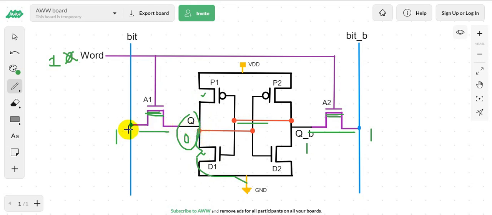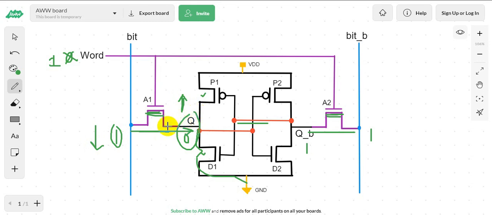Bit will go down, and at the same time the node Q tends to rise in voltage. How will this happen? Because you can see here is a higher potential and Q is at a lower potential. The current will flow from the higher potential to the lower potential, right? And thus the bit will go down, and Q tends to rise in voltage.